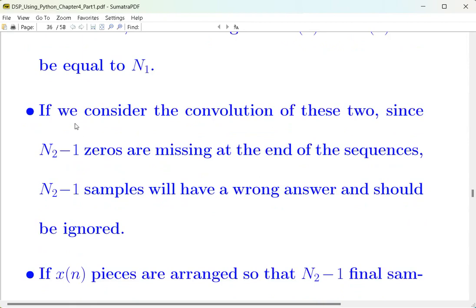If we consider the convolution of these two, since n2 minus 1 zeros are missing at the end of the sequences, n2 minus 1 samples will have a wrong answer and should be ignored.